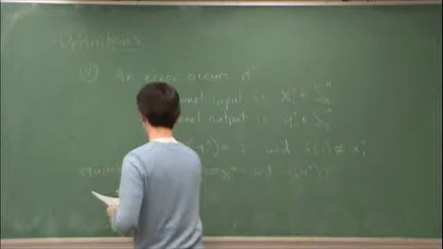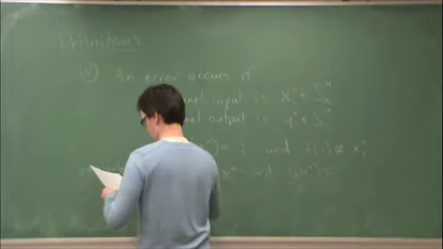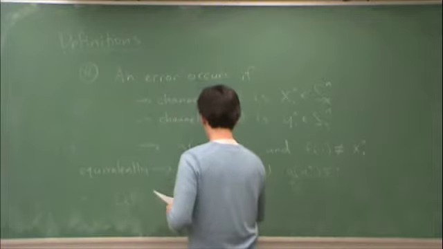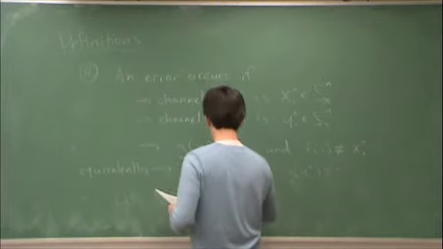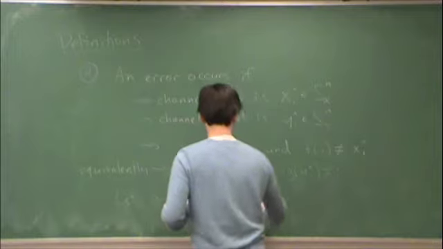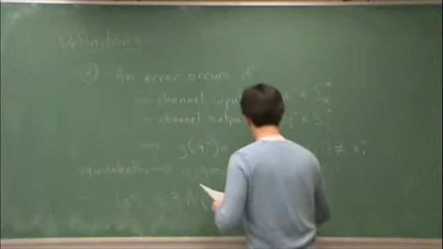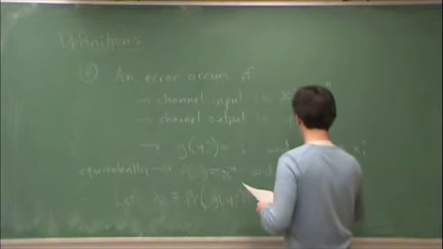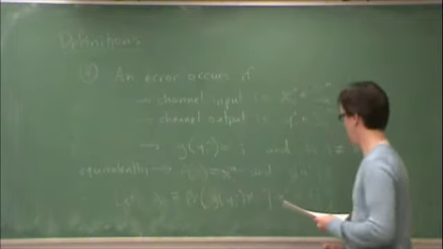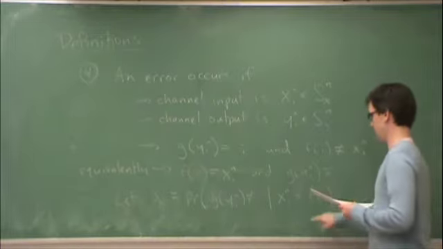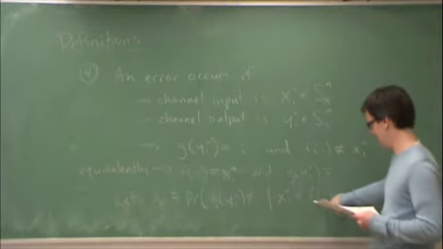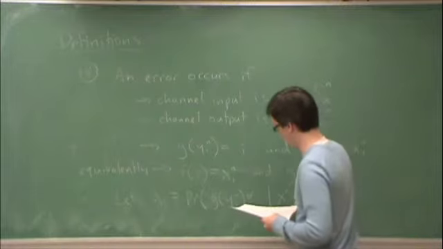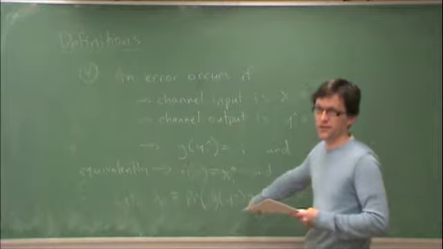So let lambda I equal the probability that g of y from 1 to n is not equal to I, given that x from 1 to n is equal to f of I. So in other words, given that I encode message I as x from 1 to n, what's the probability that my decoder disagreed?